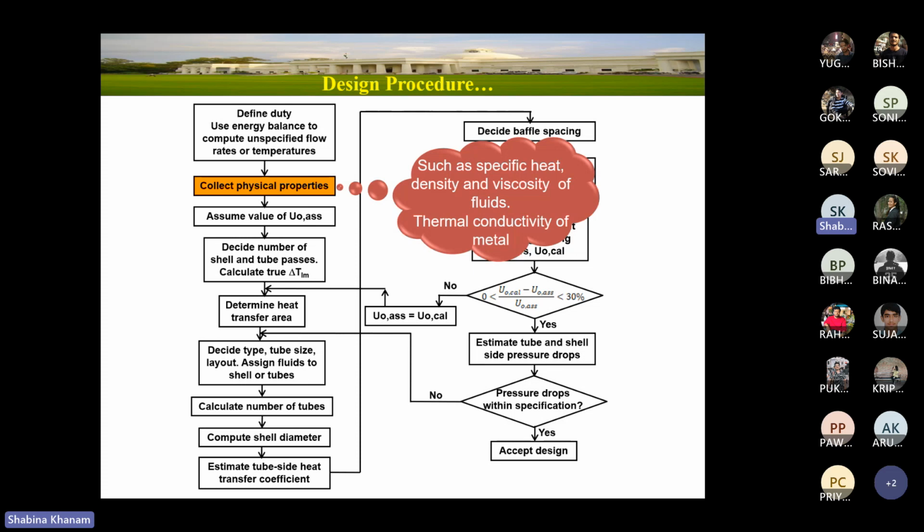So in that way you can collect the physical properties. It looks simple, but it is not actually. When you do the actual calculation, collection of physical properties is not that easy. So you need to understand the procedure very carefully. If you have a doubt, please discuss.